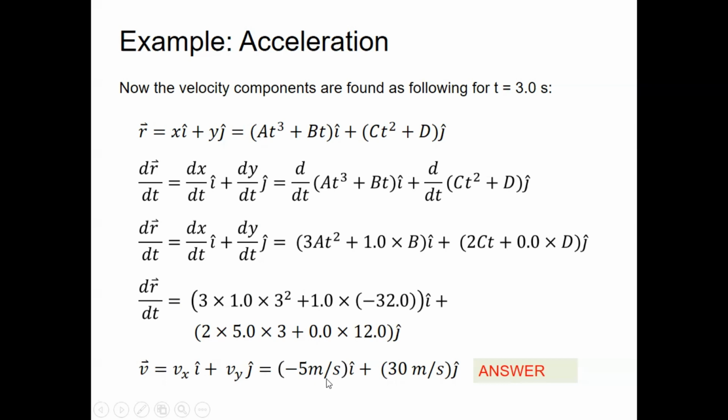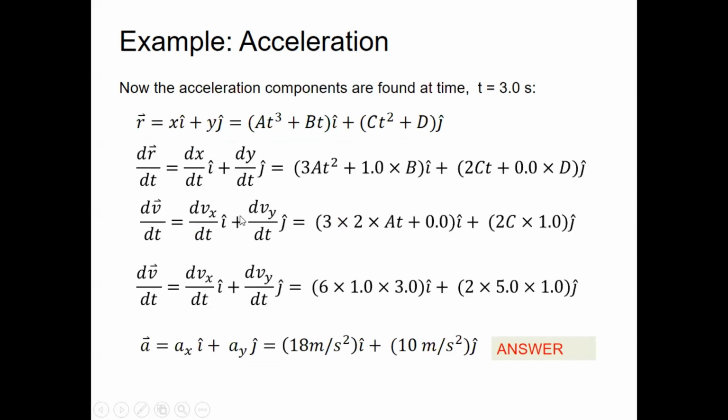This is along the x-axis and this is along the y-axis. So the complete vector is now known. Always keep in view that we will substitute the value of t at the end. In the beginning, we will not substitute. We will first take the derivative, solve and simplify, and then substitute the value of t.